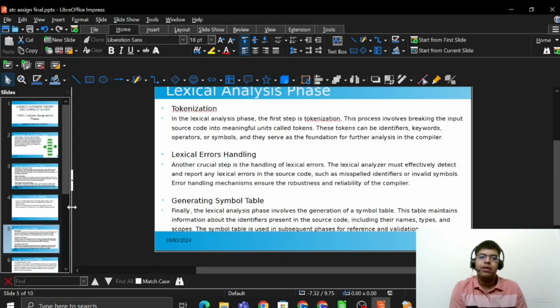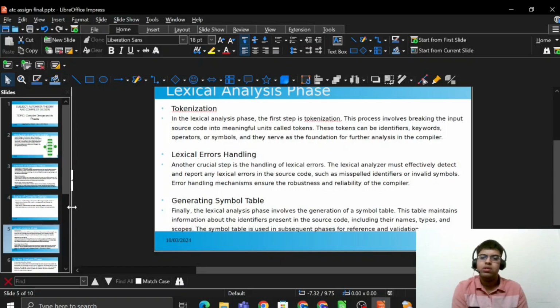These can be identifiers, keywords, operators, or symbols, which serve as the foundation for further analysis. Now, the next step is lexical error handling. These must efficiently detect and report any errors in the source code, such as misspelled identifiers or invalid symbols, as this ensures the robustness and reliability of the compiler.